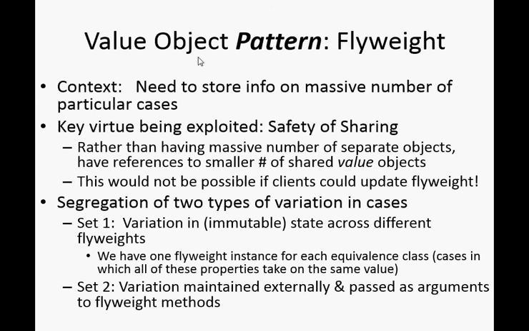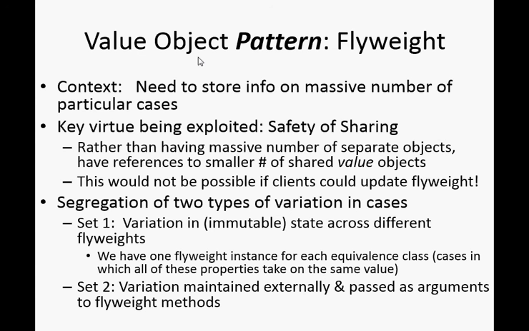So rather than storing, for each character, custom information about that particular character, these are instead pointing to the same flyweight object, the same object that represents A in a certain font, for example.